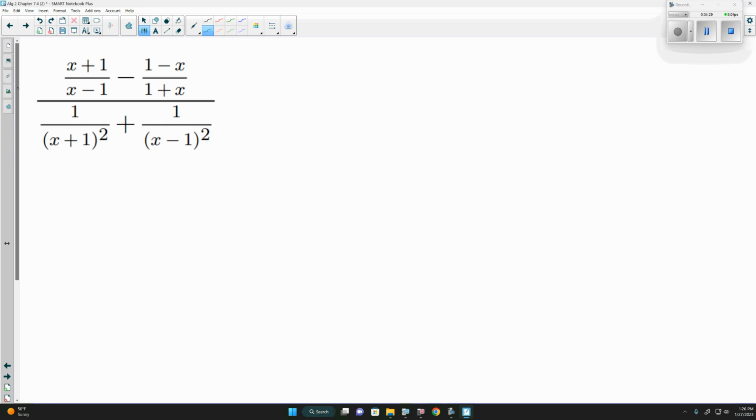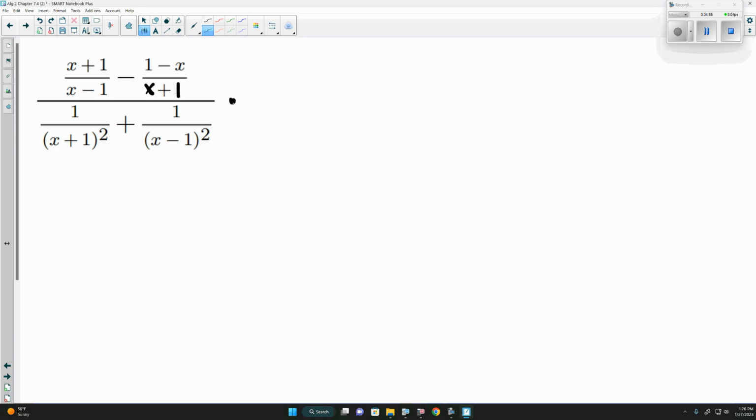Here, I don't know why they decided to do this, but this is the same as x plus 1. 1 plus x, x plus 1 are the exact same thing.